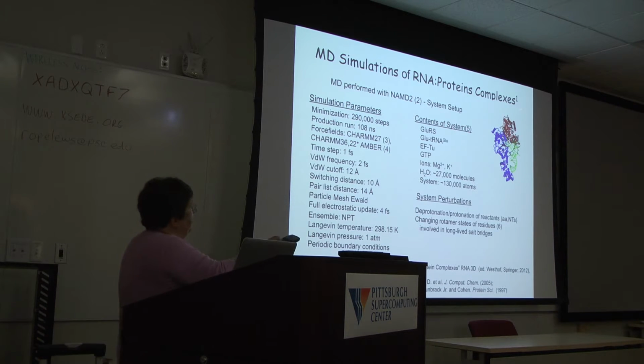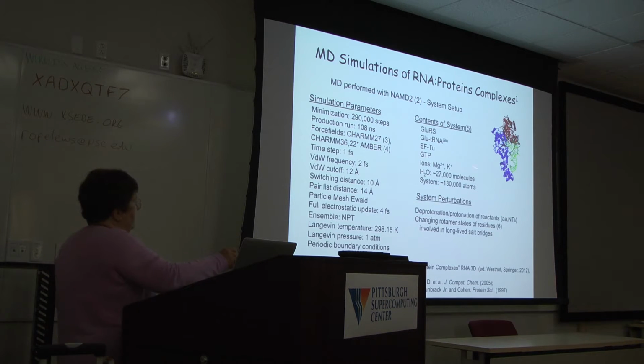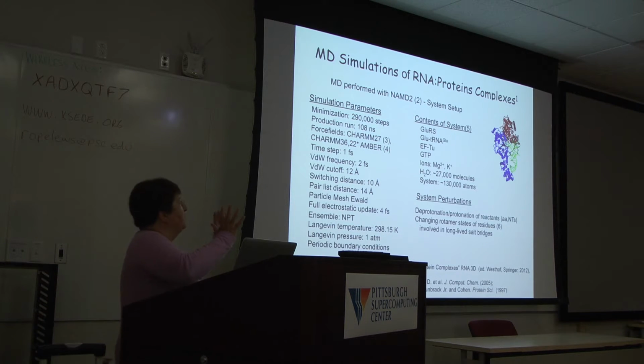If we are looking at this composite system, you'll have the synthetase, the tRNA, the EF-Tu, the GDP that is sitting in the EF-Tu, and lots of waters. The composite system is at least 130,000 atoms. If you want to see the tRNA move from the synthetase over to the EF-Tu in a reasonable time, you might want to accelerate it.